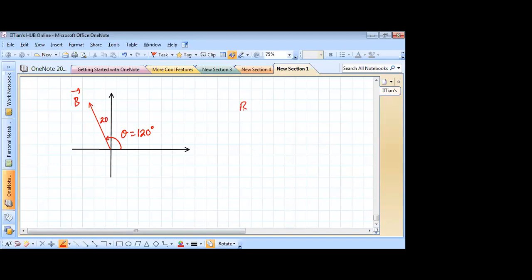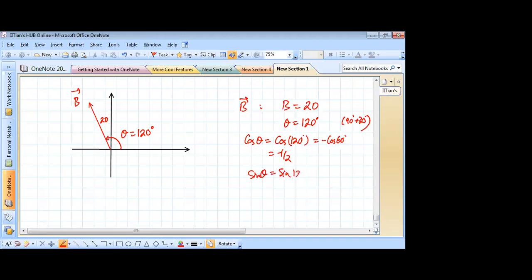So for the vector B, the magnitude is 20, but the angle theta with respect to the positive x-axis is 120 degrees. It is 90 plus 30. So we'll have to use that relation, that cos theta is going to be cos 120, which will be minus cos 60, and sin theta is sin 120, which will be positive of sin 60.